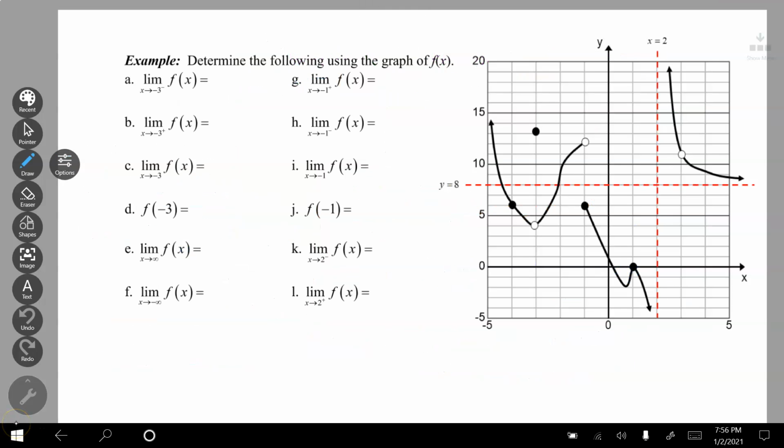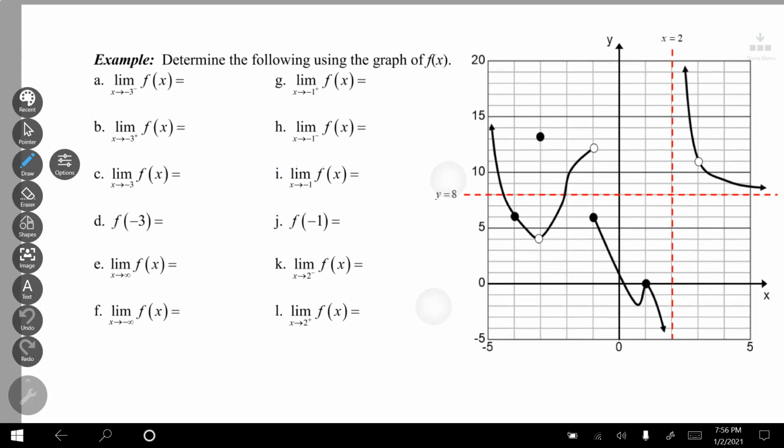So we have this graph on the right here for all these limits that we're going to do. And if we look carefully, let's read the notation. A little minus sign means from the left side, a plus means from the right side, and no sign means in general, both sides. This is the value question.